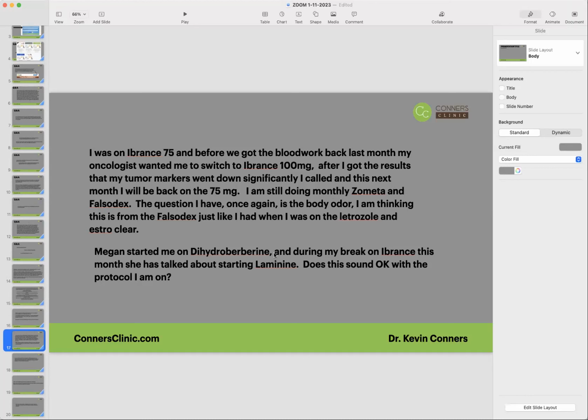Again, body odor is quite often because your body's trying to detox poisons, and these medications, though they may be really helping you. So I'm not saying don't go on the medication, but these are the side effects of some of this stuff. So you're just going to have to be using a lot of essential oils or something.